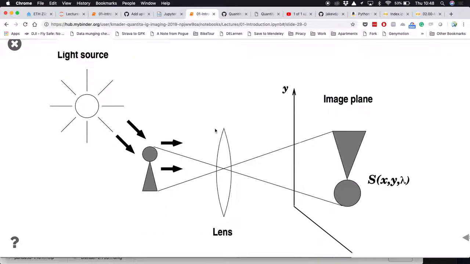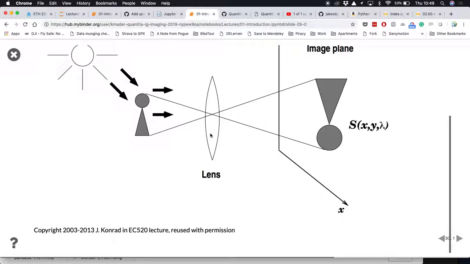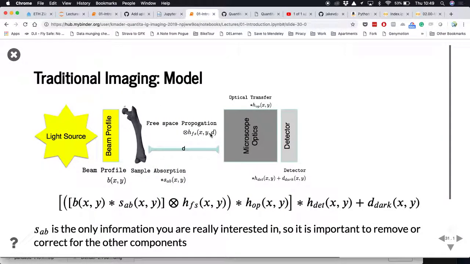Here is the traditional imaging, or direct imaging approach, where you have a light source, an object, a lens, and then you have your captured image as your output. And this is the traditional image model.